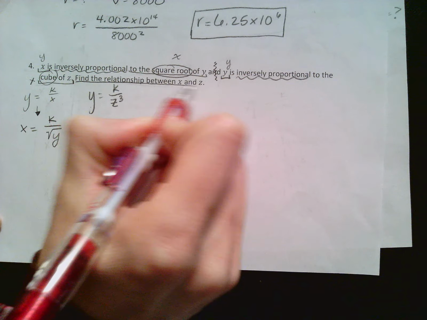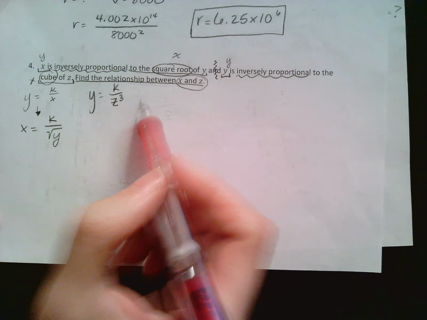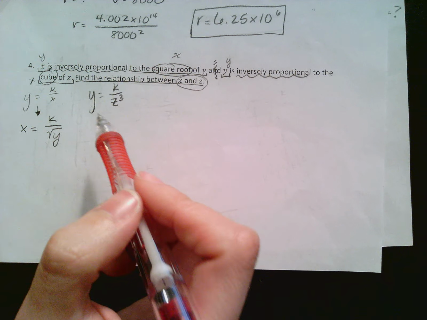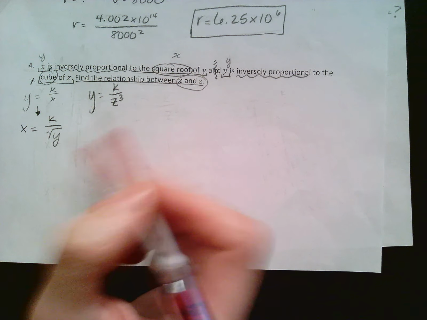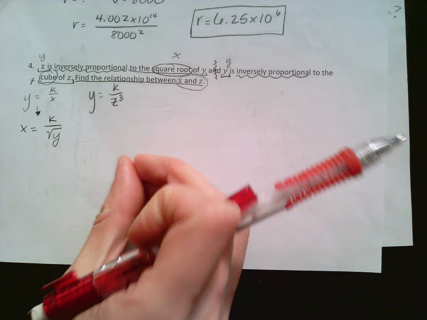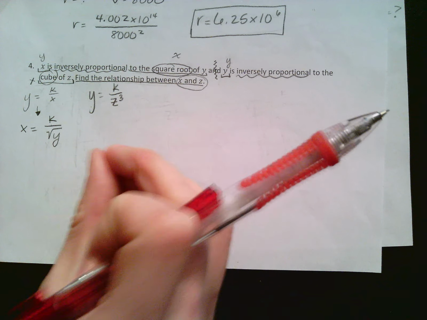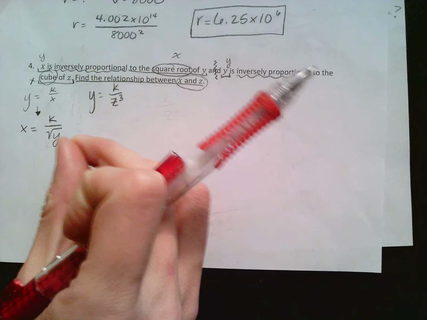Now it says find the relationship between x and z. So we want to put x and z in the same equation together. We don't know how they work together unless they're in the same equation. And notice they're separated into two separate equations. So if I want to take two equations and put them together in one equation, it's my system of equations process, right? I want to be able to plug one in for the next.